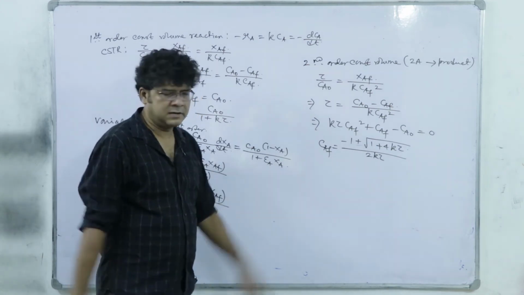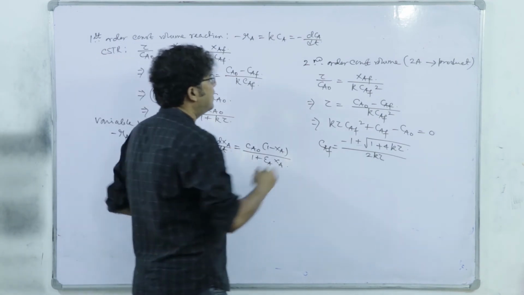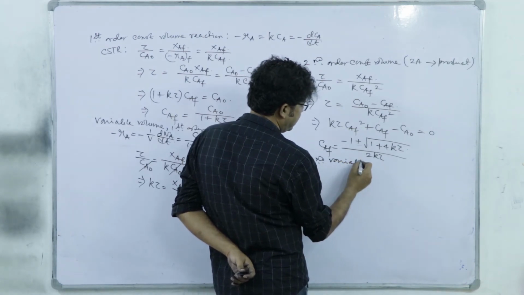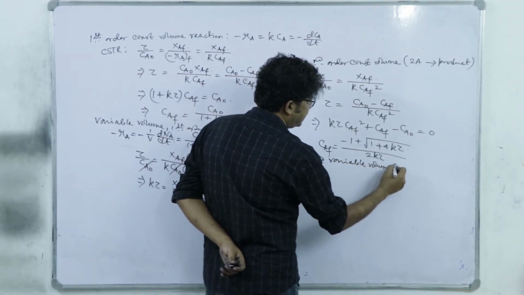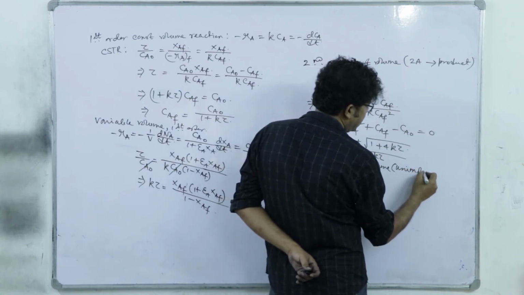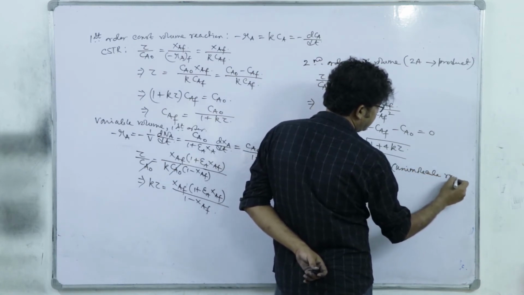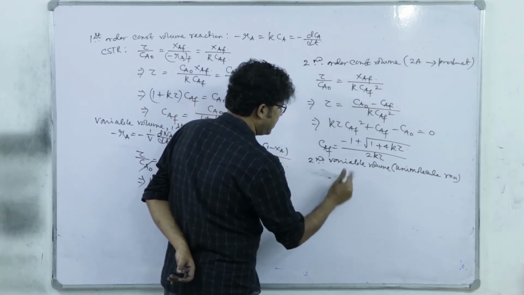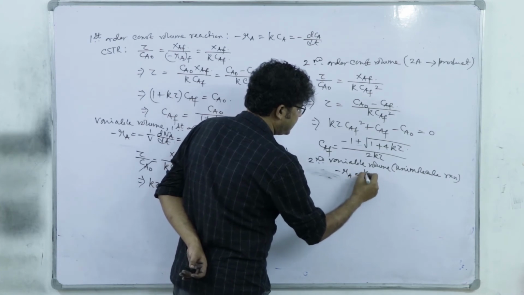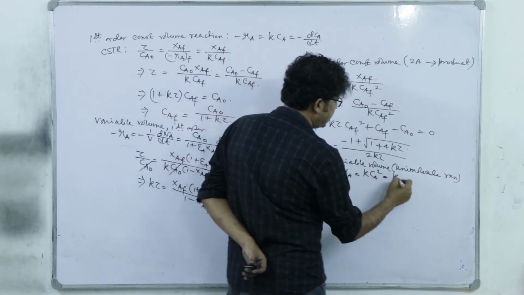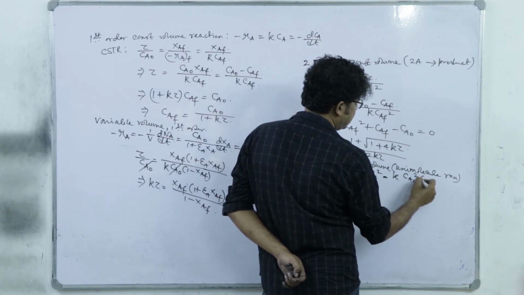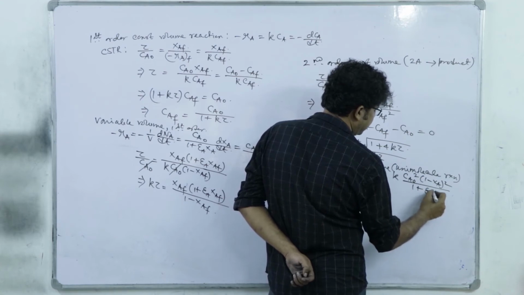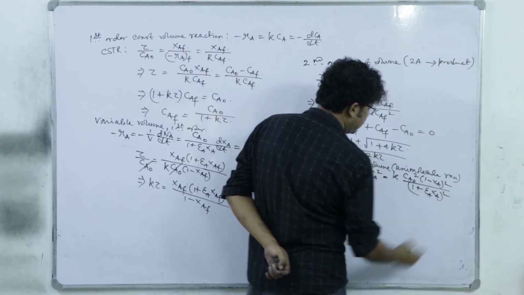So that's the idea. Now if I think of second order variable volume, unimolecular reaction, what we will have is minus Ra equal to K Ca square. So that is K into Ca naught square, 1 minus Xa whole square, divided by 1 plus epsilon A Xa whole square.